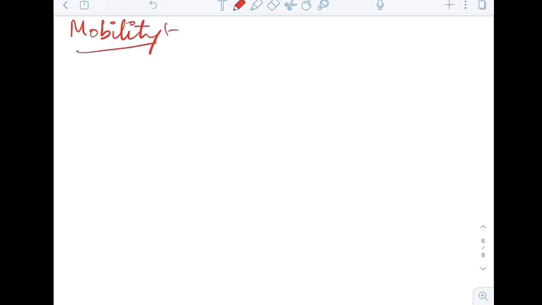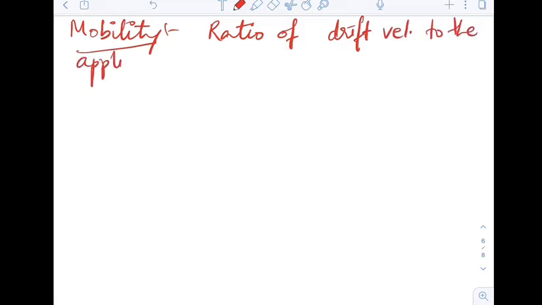Next up we have mobility. Mobility is basically the ratio of drift velocity to the applied electric field.